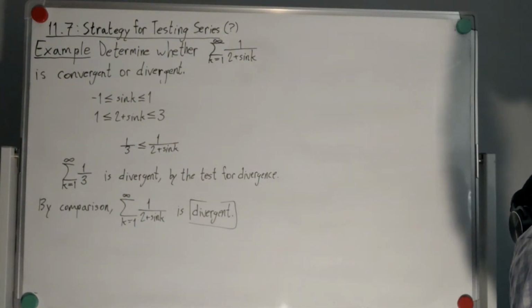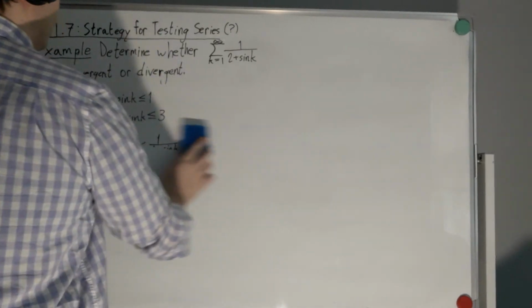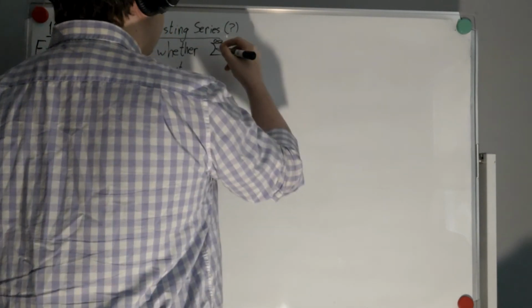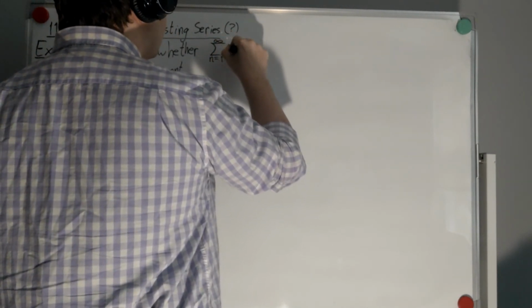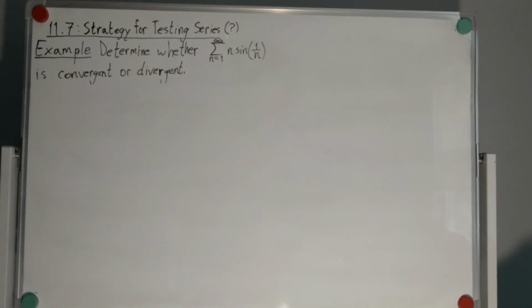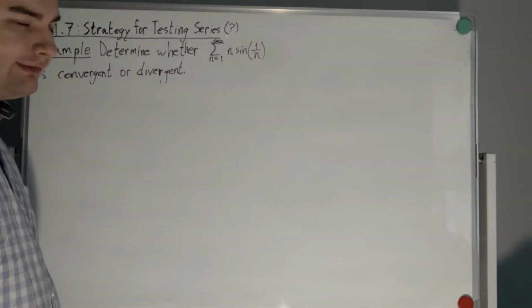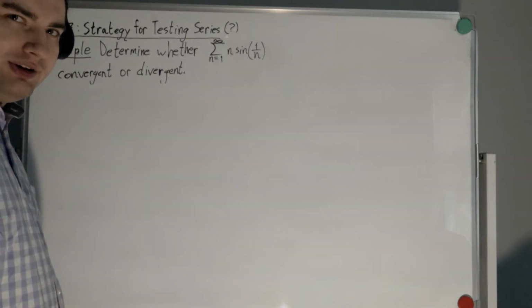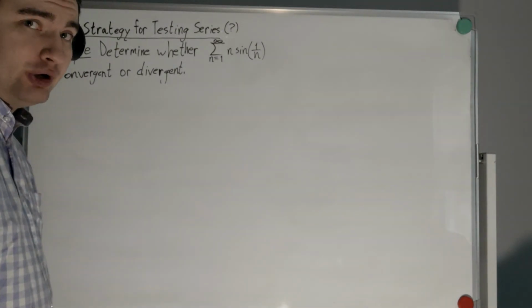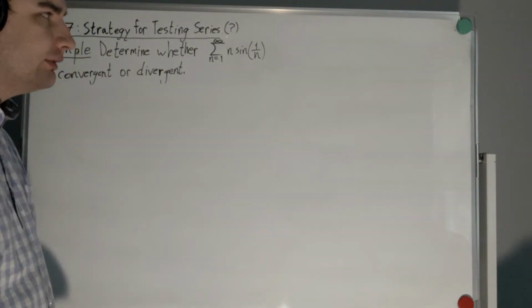Okay, next up we have n times the sine of 1 over n. Well, that one's a little weird, right? This might look familiar to you from Calculus 1 because you took limits of functions like these as n approaches 0, and you did that using the squeeze theorem.